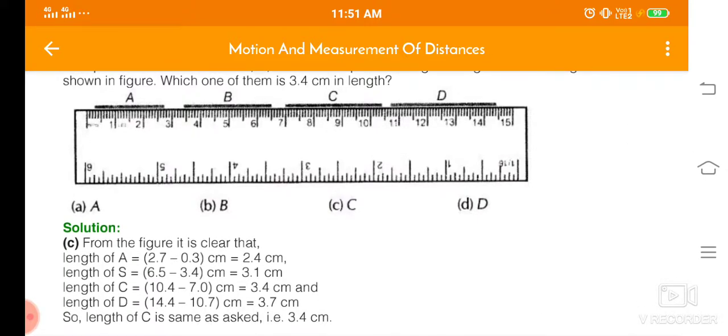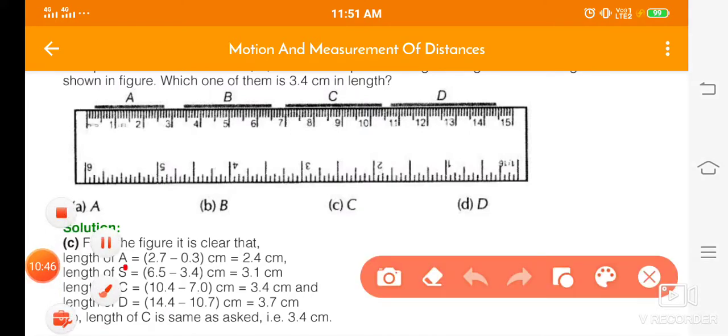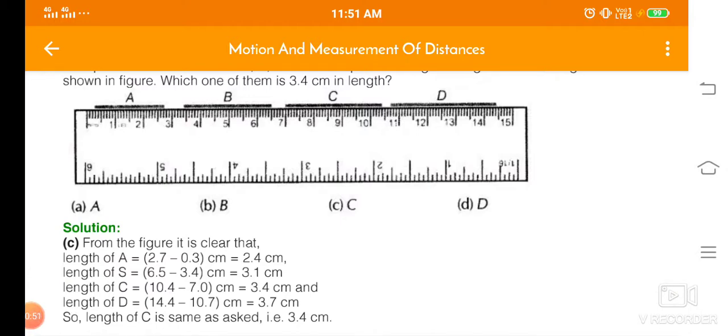Because from the figure it is clear that length of A equals 2.7 minus 0.3 centimeter equals 2.4 centimeter. Length of B equals 6.5 minus 3.4 centimeter equals 3.1 centimeter.